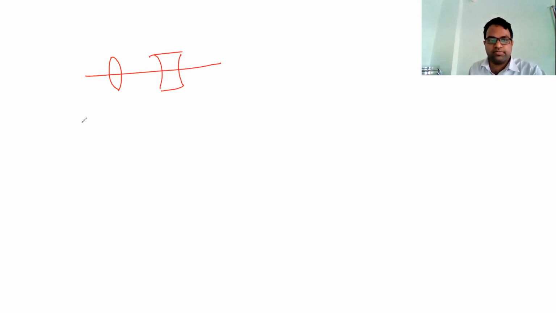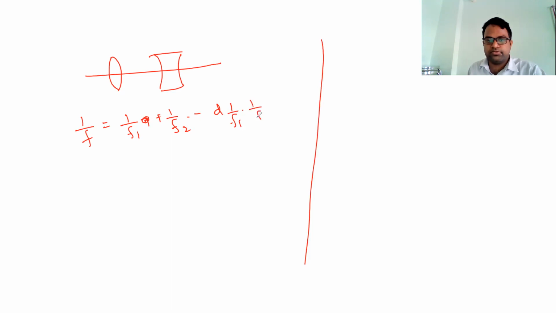So initially, the combination focal length is 1 by f equal to 1 by f1 plus 1 by f2 minus d into 1 by f1 into 1 by f2.